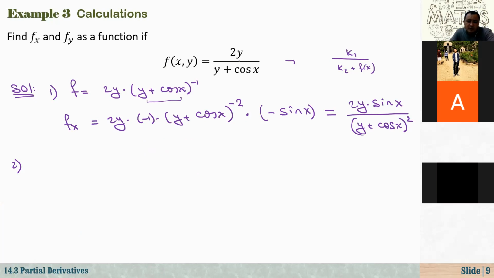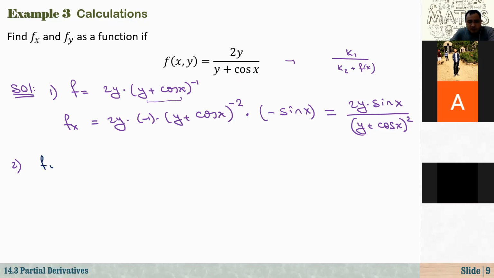With respect to y, we have the quotient of two functions, that is f1 over f2. And also from single variable calculus, you know how to differentiate this, right? u over v, prime, equals u prime times v minus u times v prime over v squared, the same thing. So here, if you differentiate with respect to y, cosine of x is just a constant number for us with respect to y.